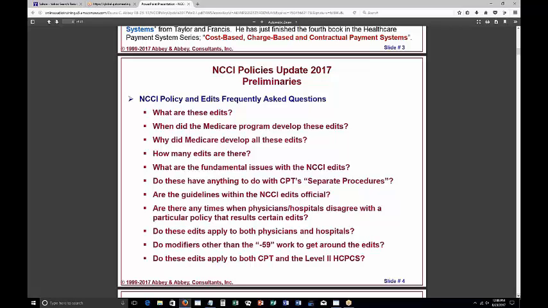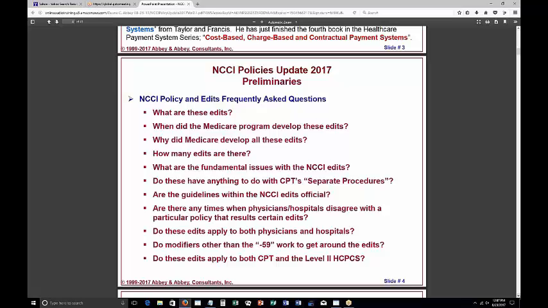In other words, you can get around them if you need to. If you attest to the fact that you have documentation on file that indicates that you should get around a particular edit, then you can usually do so with the 59 modifier, or in theory at least, with a number of other modifiers, LT, RT for left and right, etc.